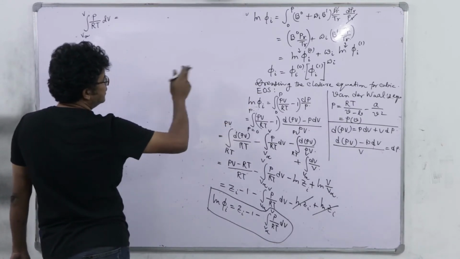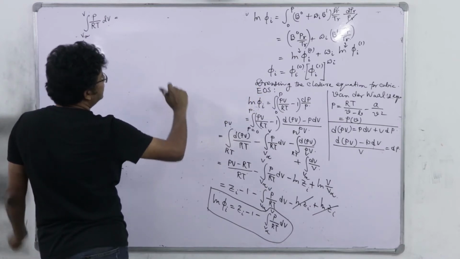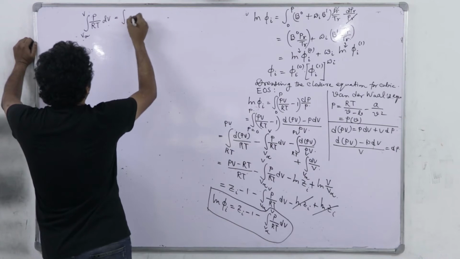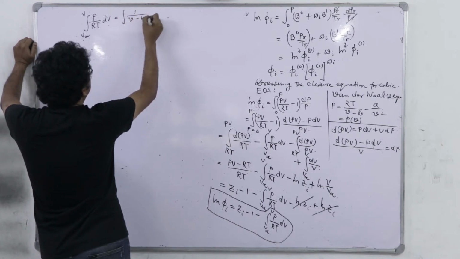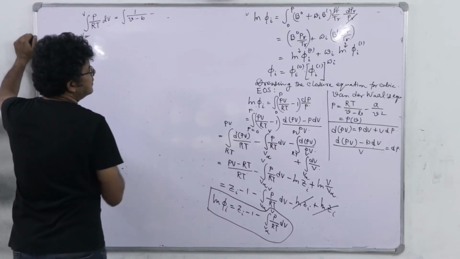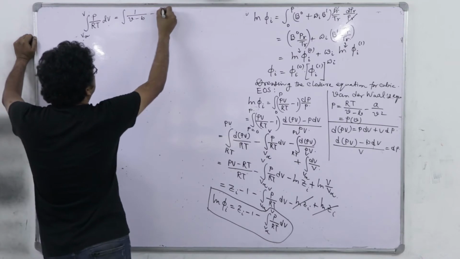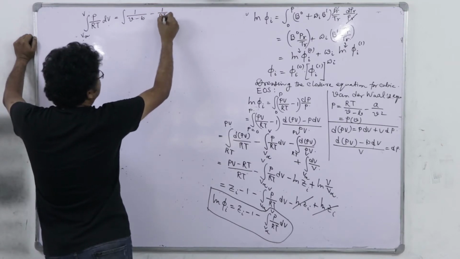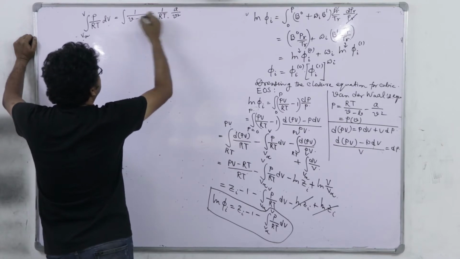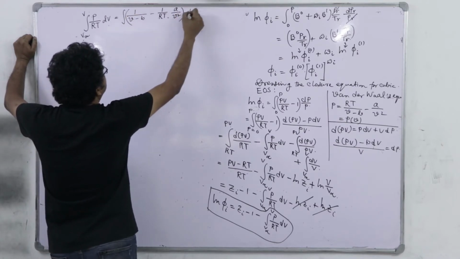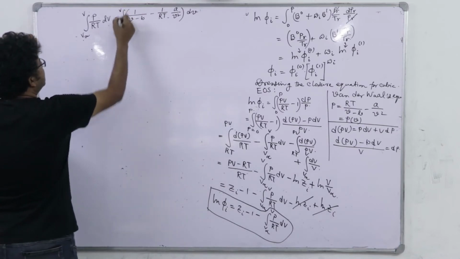This is given here, P by RT is equal to 1 divided by V minus b, minus 1 by RT a by V square, dV. So, from V infinity to V.